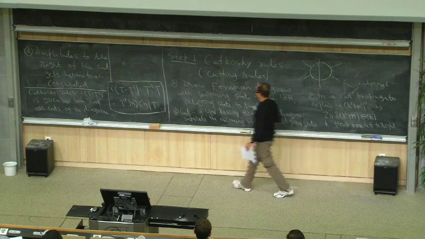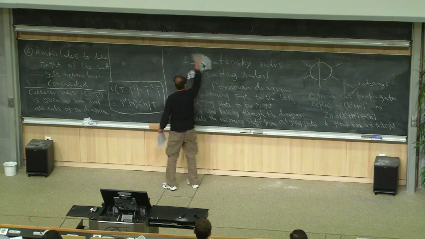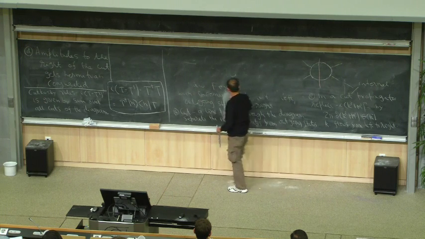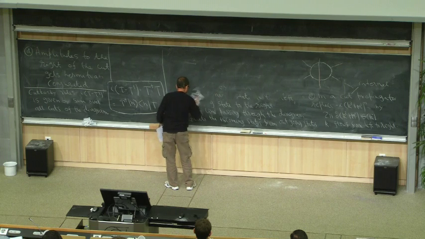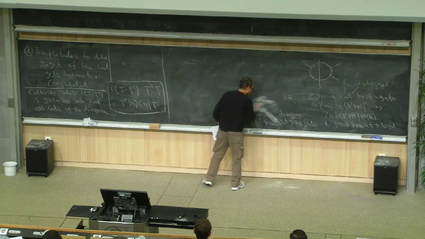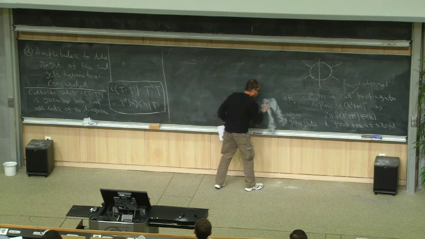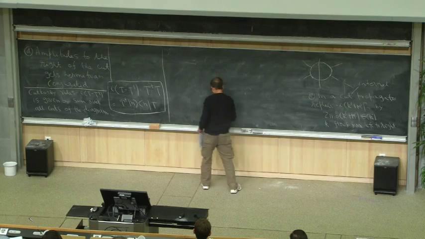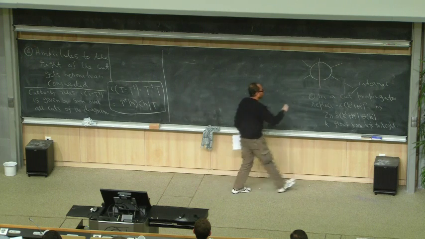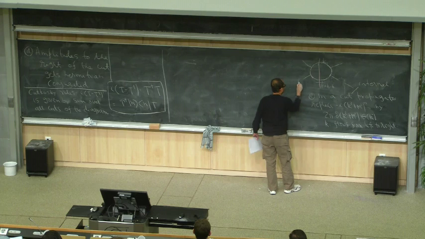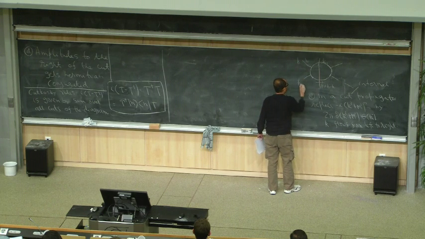So, for this particular example, let me just write this. Suppose this is carrying momentum k and this is carrying momentum p1 plus p2 minus k, where p1 and p2 are the two momenta which are coming in.